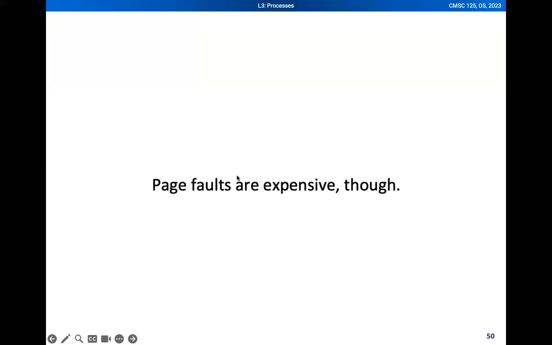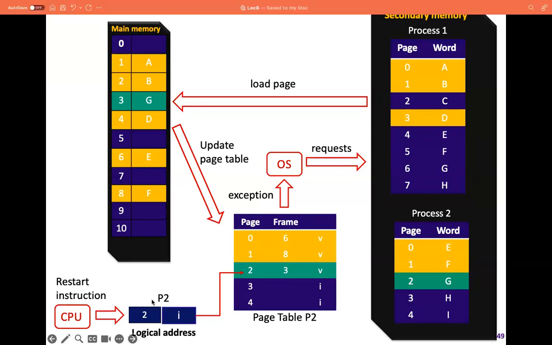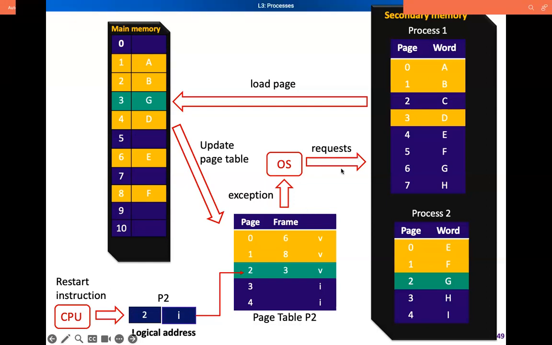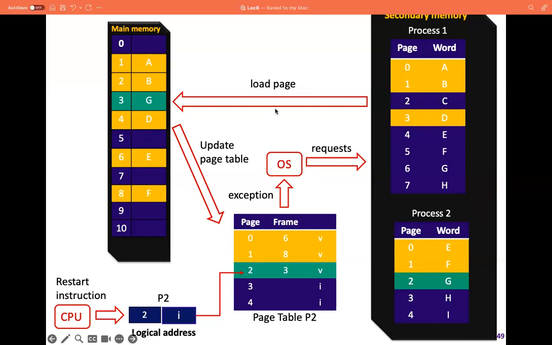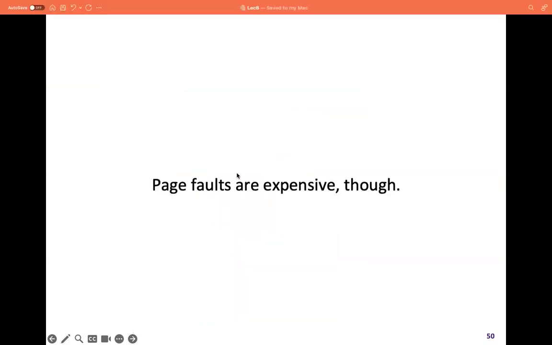If we go back here in our process and we see that there is a page fault, what the OS does is request again from the secondary memory, page in, and then update the page table. All of this takes some time. So if a lot of page faults are happening, that would also make our process less efficient.